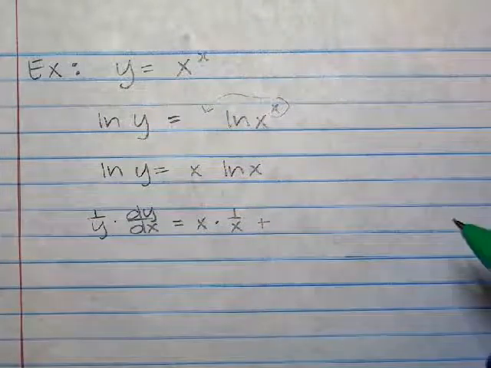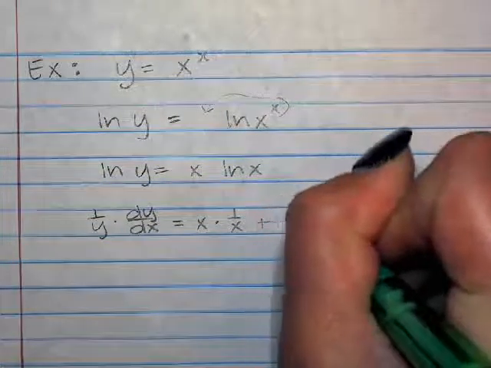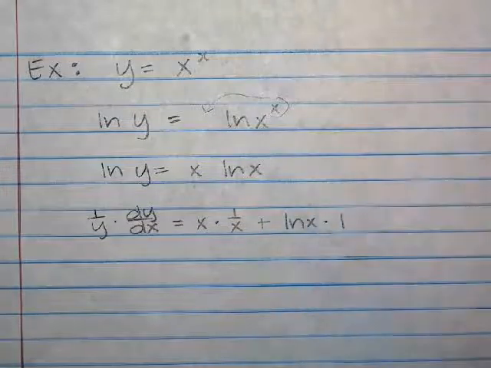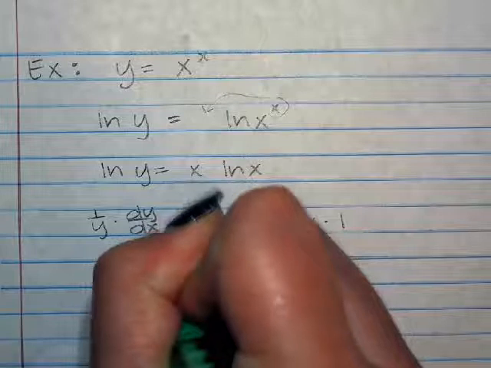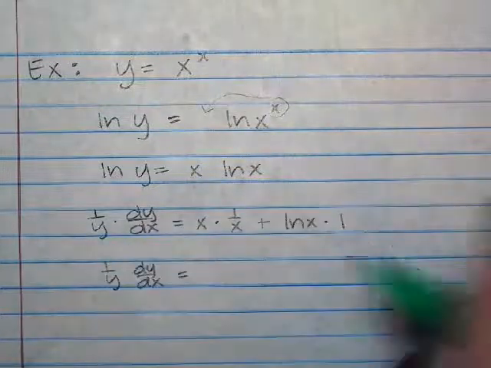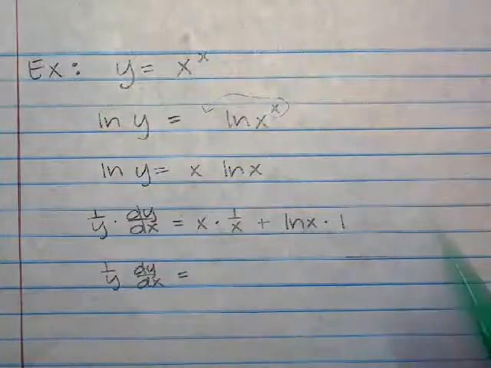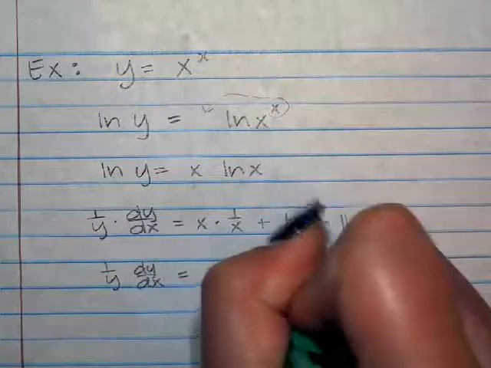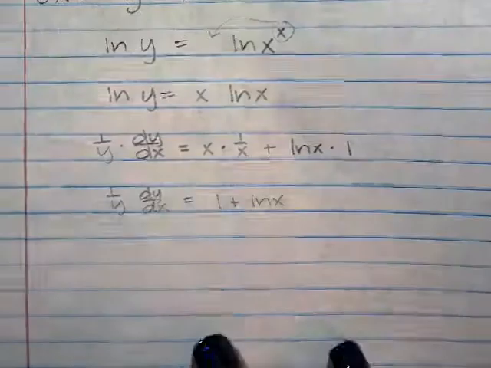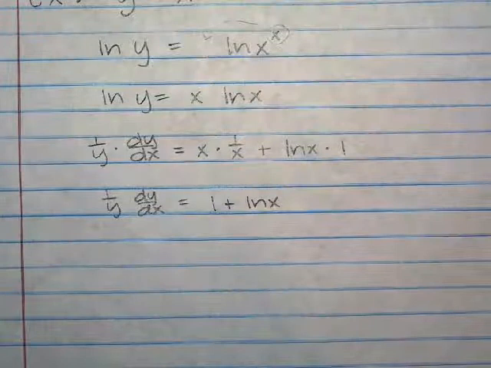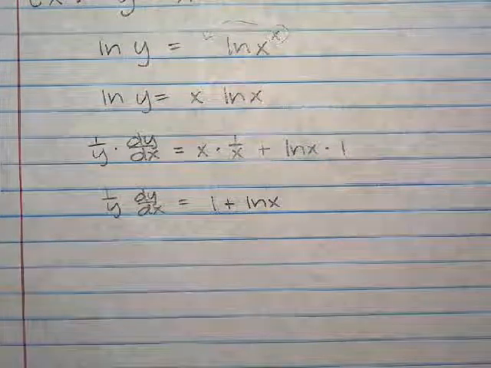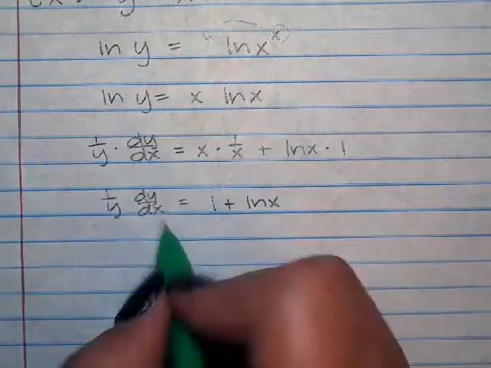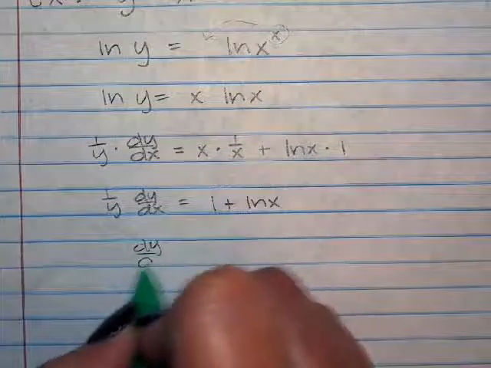So we have 1 over y dy dx equals, okay. And dy dx is our goal, because that represents our derivative, right? That's our goal. So how could I get rid of the 1 over y? Just multiply by y. Multiply y to the other side.